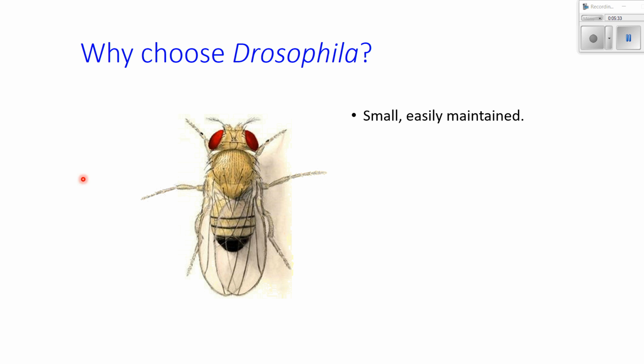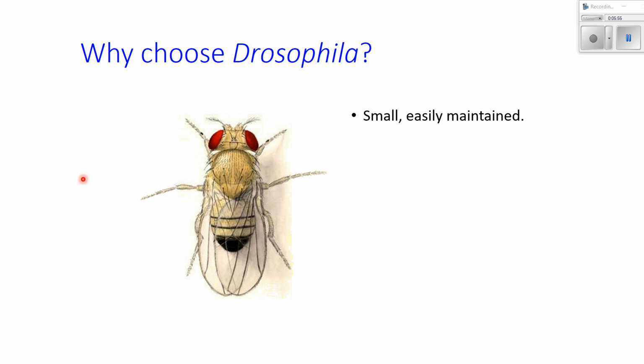Little containers maybe even smaller than a television remote, or about the size of a marker that I would use to write on the whiteboard. You can grow hundreds of flies in a tiny little vial. That's how small they are.